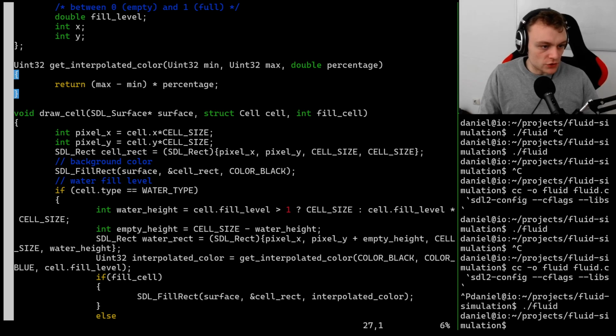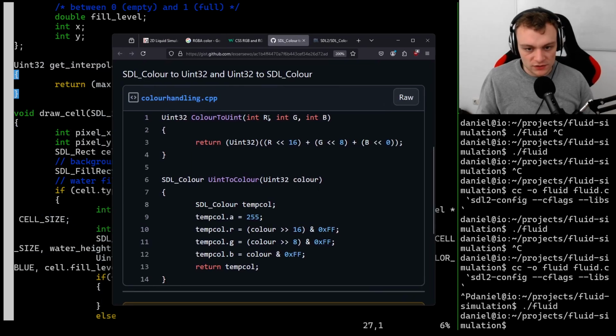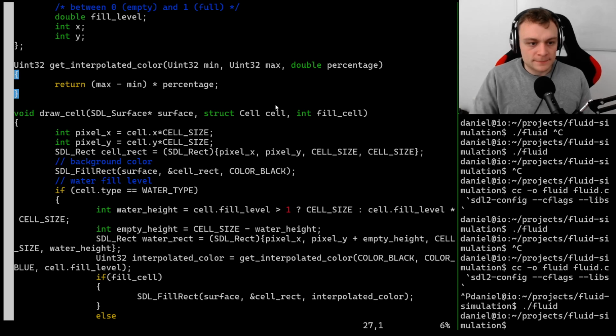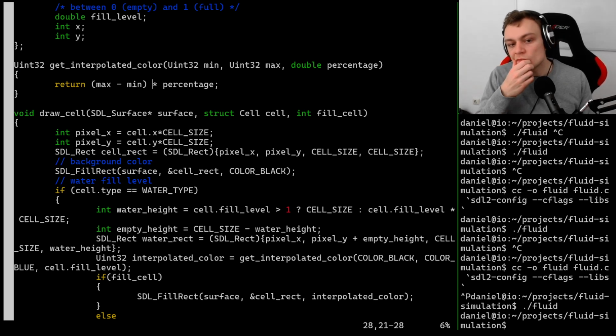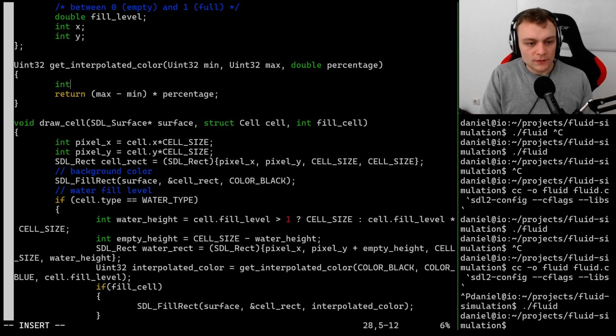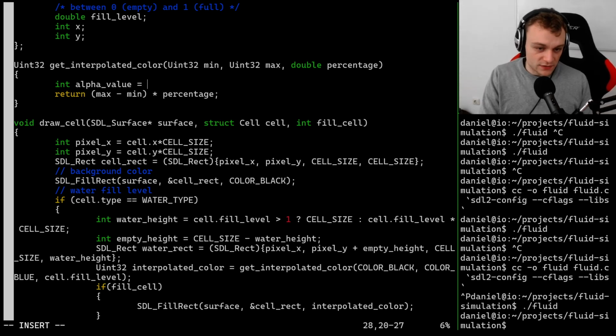We have to somehow shift the bit values in the RGB colors somehow. Maybe we should calculate an alpha value that is pretty much the percent.